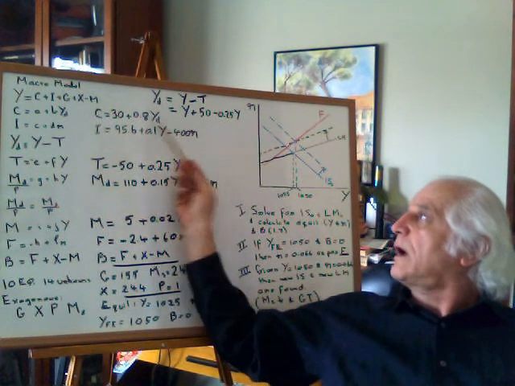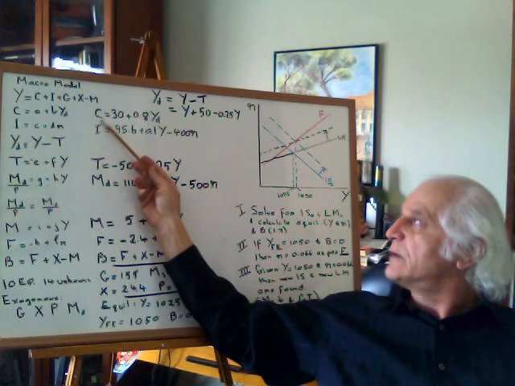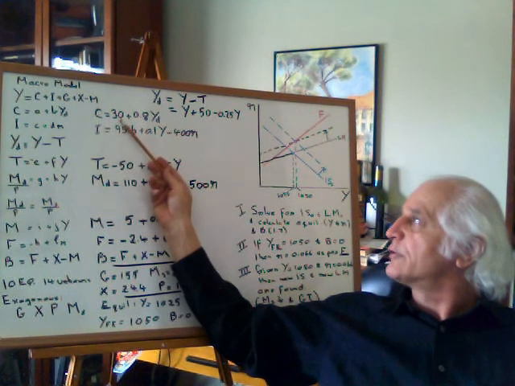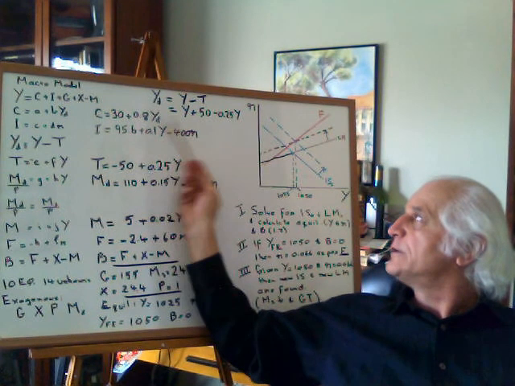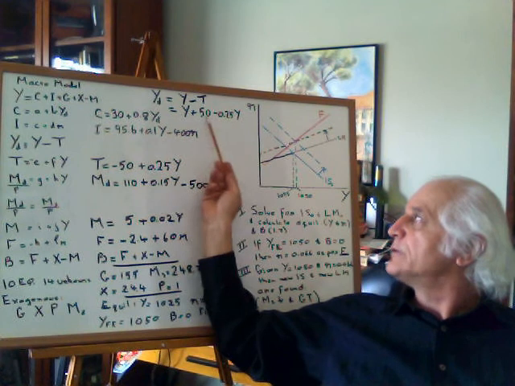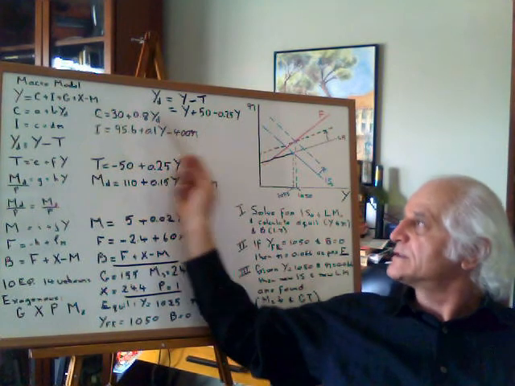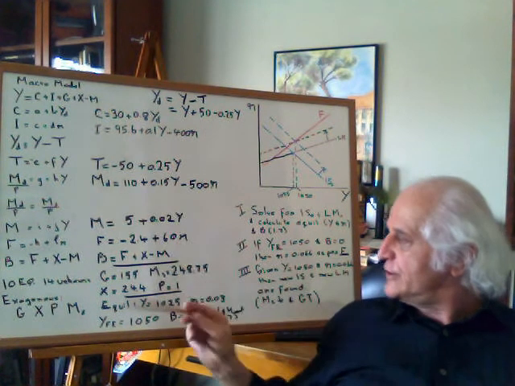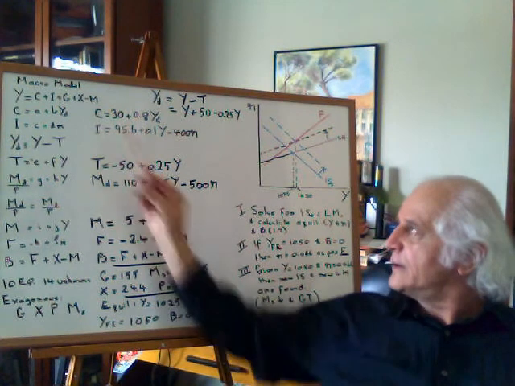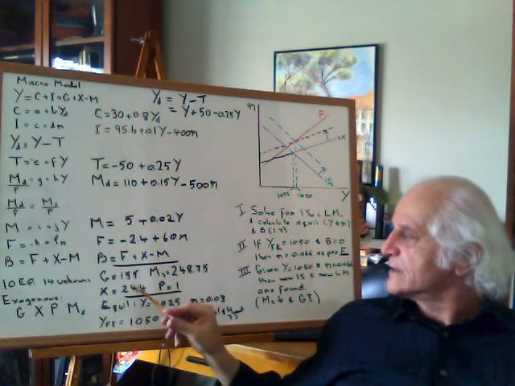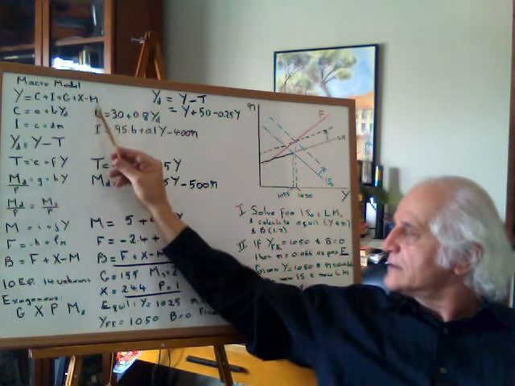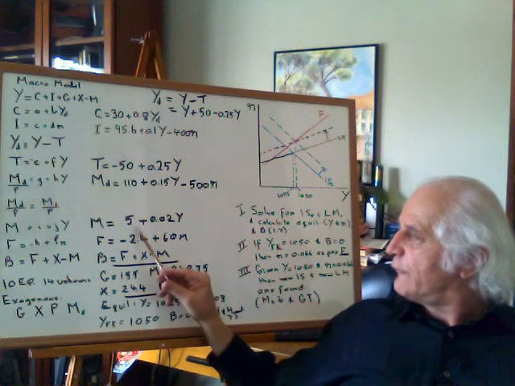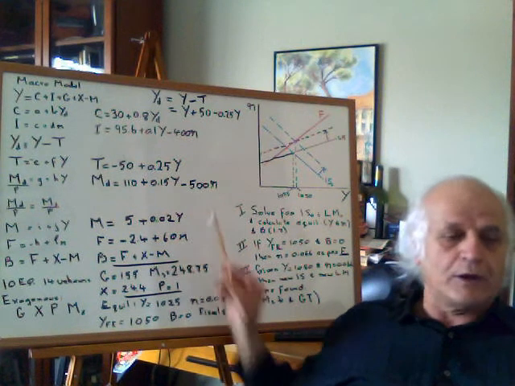So I take this right now, I say therefore C is equal to 30 plus 0.8 of this, 0.8 of this, and 0.8 of this. I add to it this, I add the G, 150, I add the X, 240, and I subtract the M of 5 plus 0.02Y.